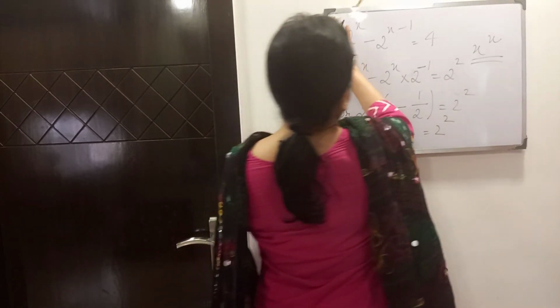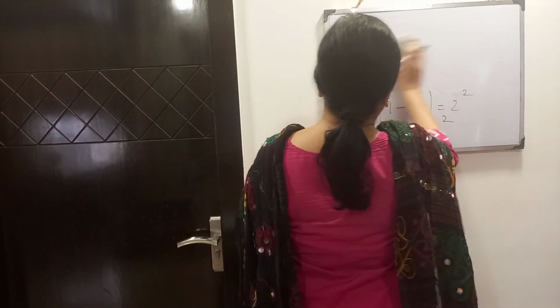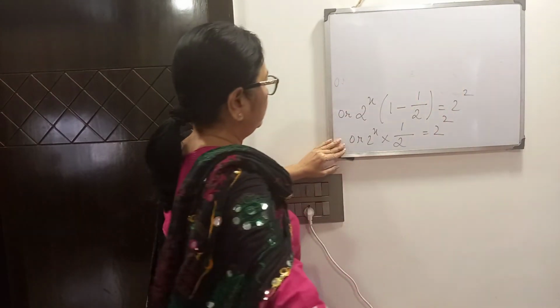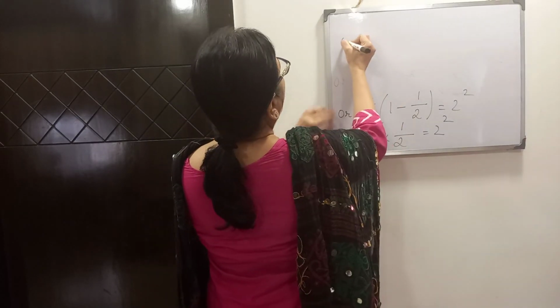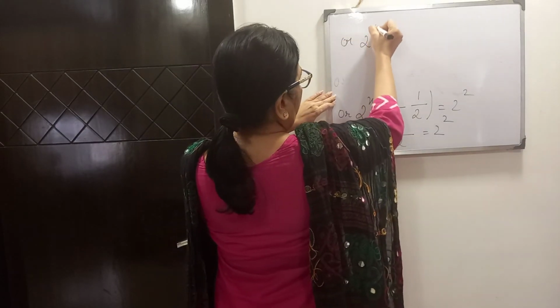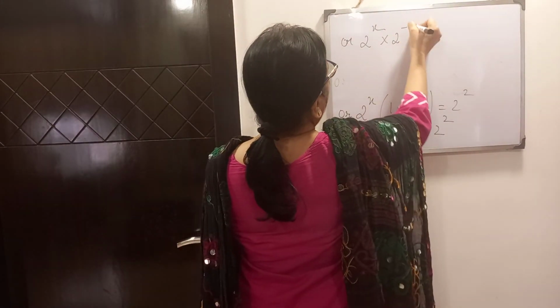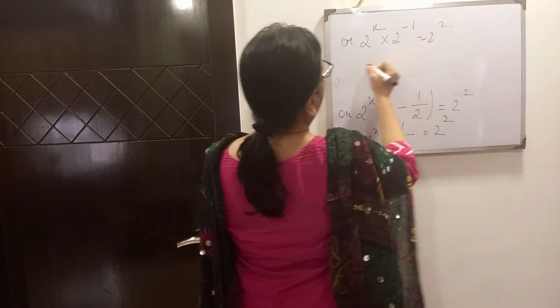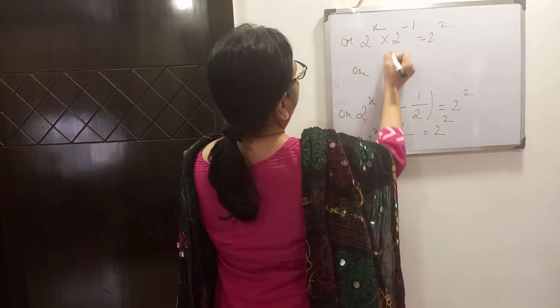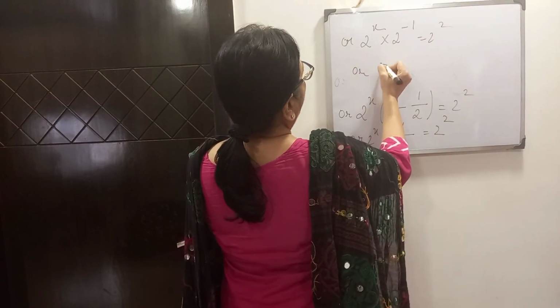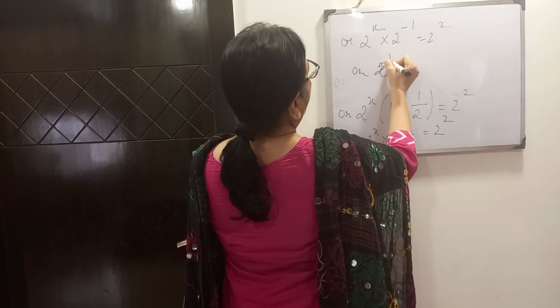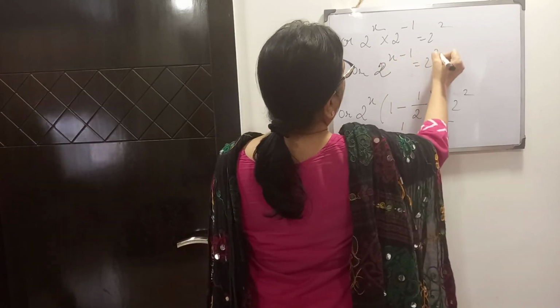Again it will go in the numerator, it is becoming 2 to the power x into 1 minus 1 by 2 equals 2 square. Or multiplication, base same, therefore we can write 2 to the power x minus 1 equals 2 square.